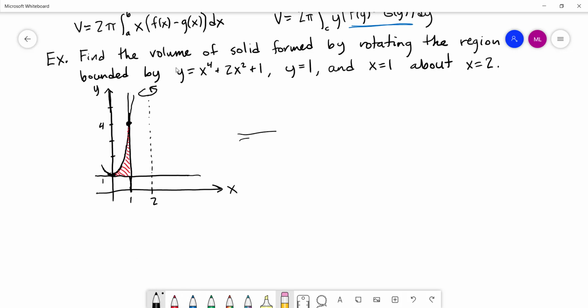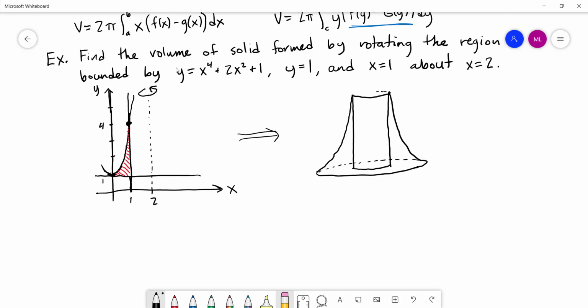And when we do that, we're going to get a shape that looks like the following. It kind of looks like a volcano, basically. So it's going to look like this. Actually, I guess we can see that edge.